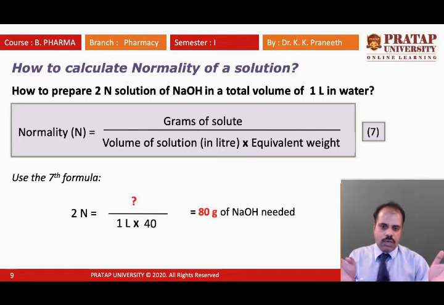It's also for other chemicals also. The same formula can be applied. And then we have seen this normality calculation, how to calculate the normality or how to make a desired concentration using normality as the concentration variable. By using this formula, grams of solute divided by volume multiplied by the equivalent weight. Okay, it's underneath this.